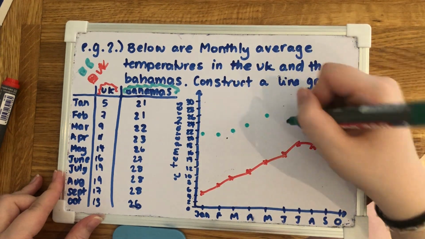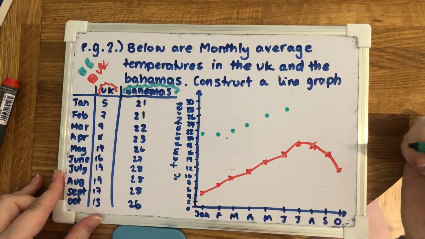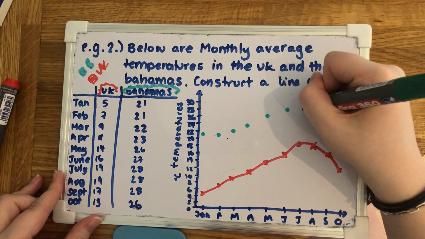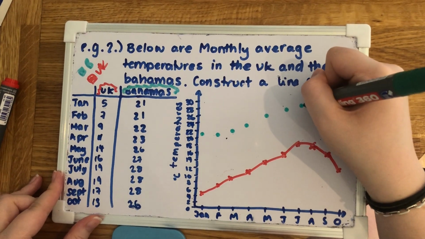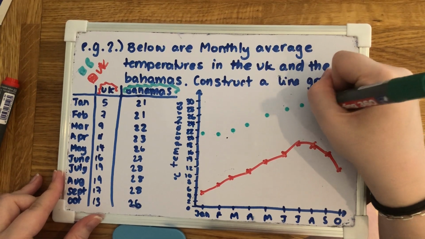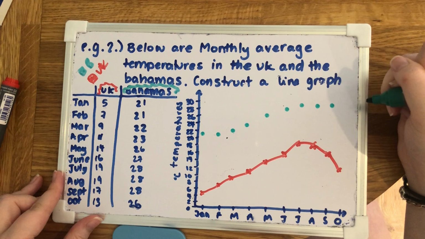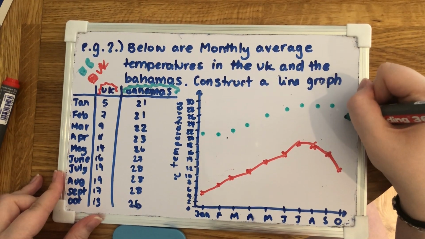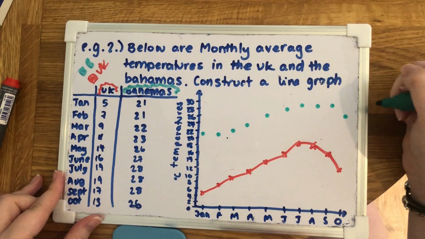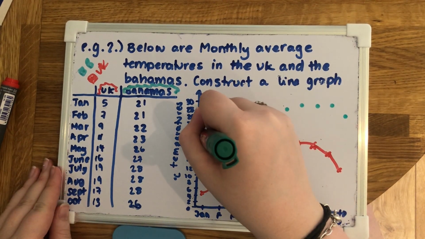June 27, July 28, August 28 as well, September 28 as well, nice, and then October 26, yeah, there. And again we just connect them with straight lines.